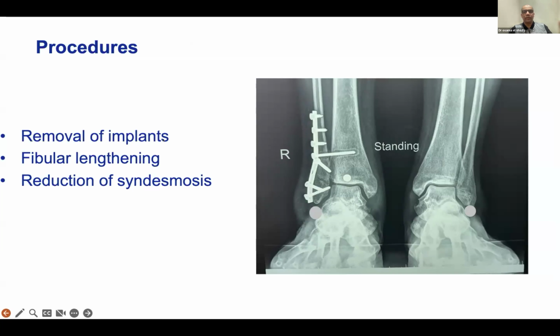Good. Okay. Who will do supramalleolar, suprasyndesmotic osteotomy with lengthening? No one. Does any one of you know another kind of osteotomy rather than oblique osteotomy or suprasyndesmotic osteotomy?